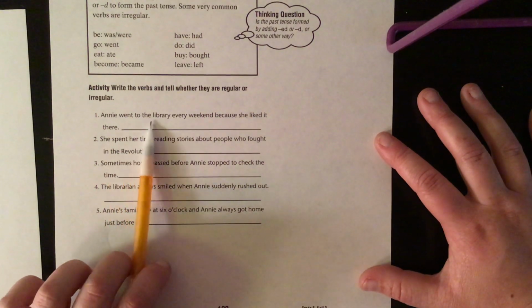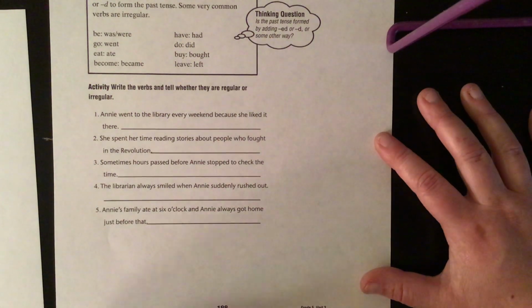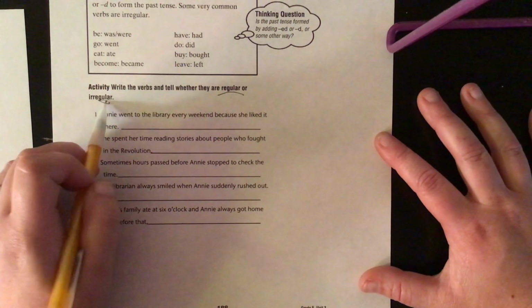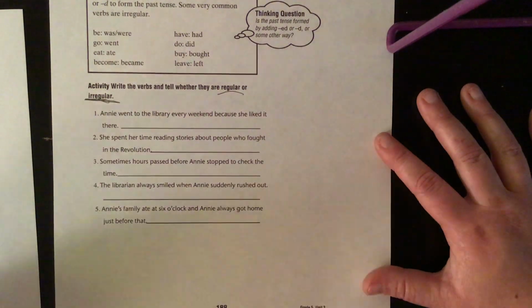So, Annie went to the library every weekend because she liked it there. Now, you have to tell me whether it's regular or irregular, but there is going to be more than one on each one. I don't care if you circle or underline the verb, just make sure you're writing the regular or irregular under the verb.